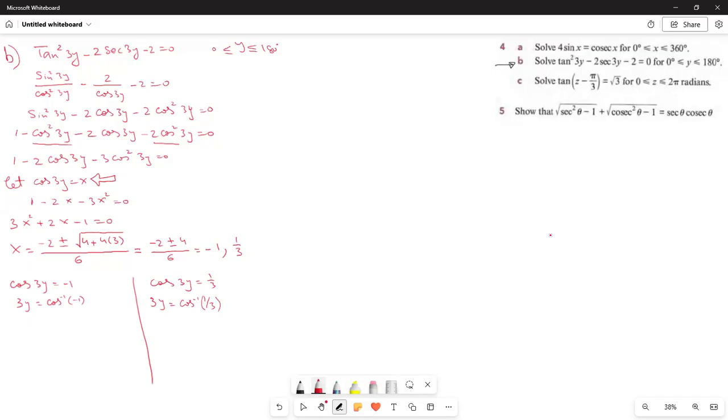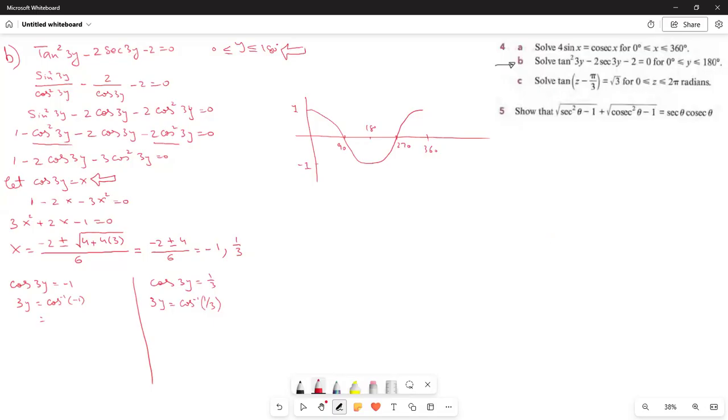And remember, we have to find the solution in the range 0 to 180 degrees. If you remember the cos function, it looks something like this, right? So this is 360, 180, 90, and 270, and this is 1 and minus 1. For what value of angle is the answer minus 1?